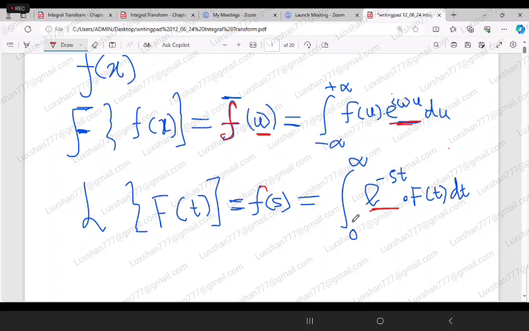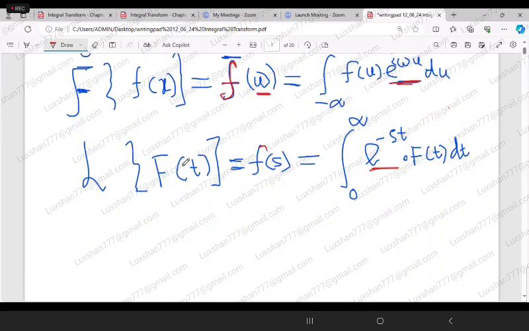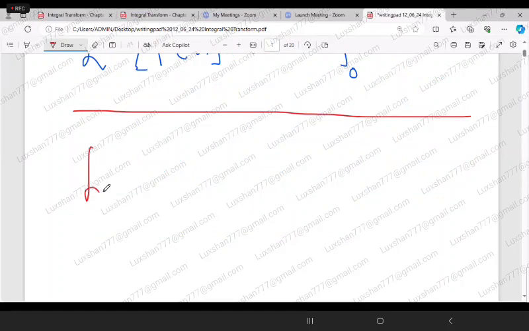Okay, right. So now from this one we can define the inverse. So inverse Laplace transform of the function F(s), we are finding, this is actually equal to f(t).